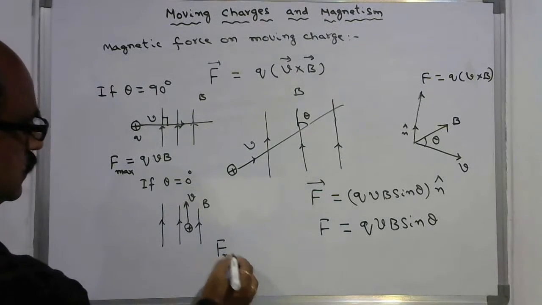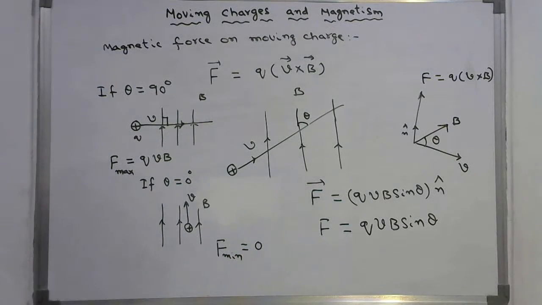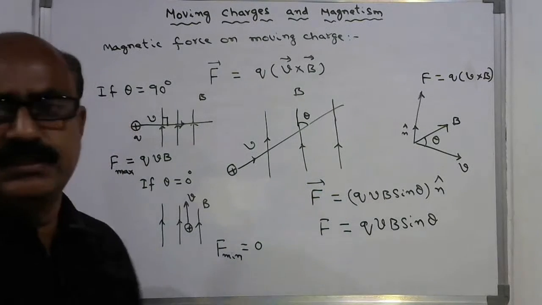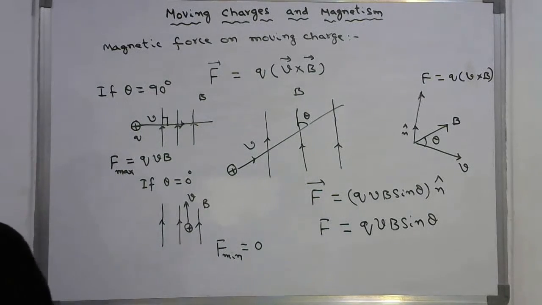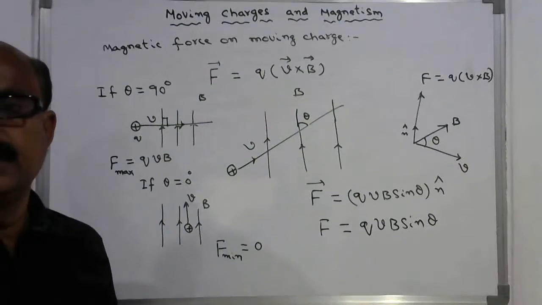The minimum is equal to 0, since sin 0 is 0. There is no effect when the moving charge and the field are parallel to each other. And if both are perpendicular to each other, then the force is maximum. If both are making some angle theta, then the force will be QVB sin theta. So these are the different cases of magnetic force on the moving charge.